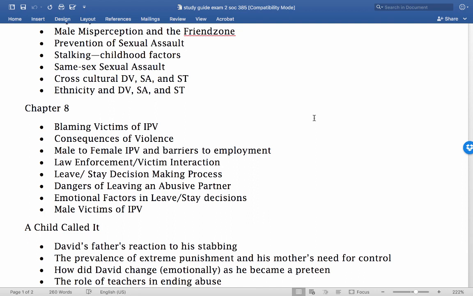So that's another issue. When it comes to cross-cultural DV, SA, and ST, really I'm just looking for the idea that culture has an impact on how we understand dating violence, how we understand sexual assault, how we understand stalking, right? Different cultures have different meanings around relationships and dating and how that plays out.